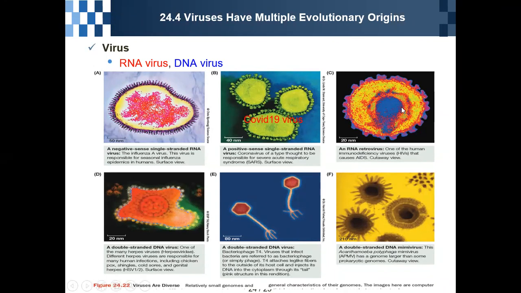One is negative-sense single-strand RNA virus. Another is positive-sense single-strand RNA virus. The COVID-19 virus belongs to the positive-sense single-stranded RNA viruses. And also we have the RNA retrovirus. HIV belongs to the RNA retroviruses. But today I will not cover this in detail.